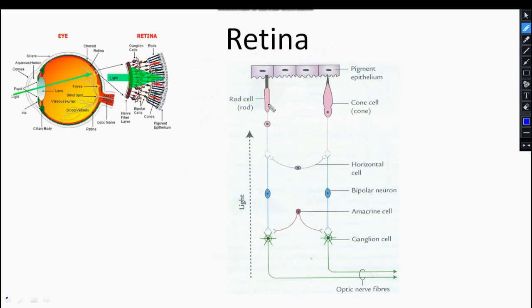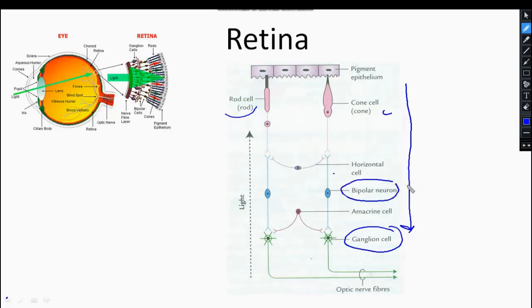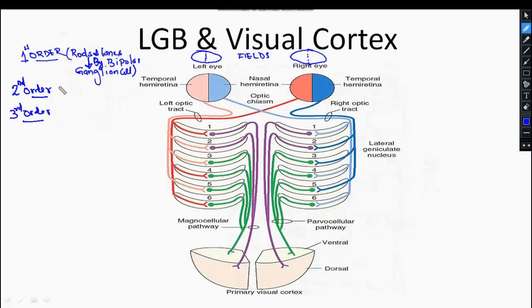This is the path from the rods and cones to the ganglion cell, by the bipolar neuron. So this is first order, clear? The second order neuron is from the ganglion cell to the lateral geniculate body, whereas the third order neuron is from the lateral geniculate body to the visual cortex.